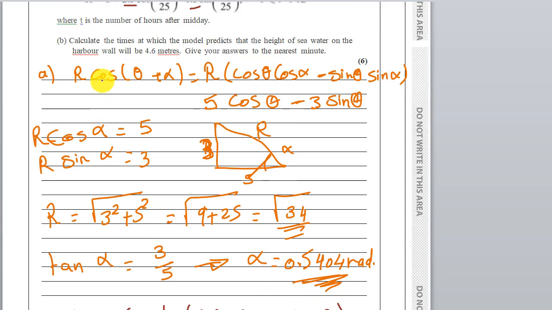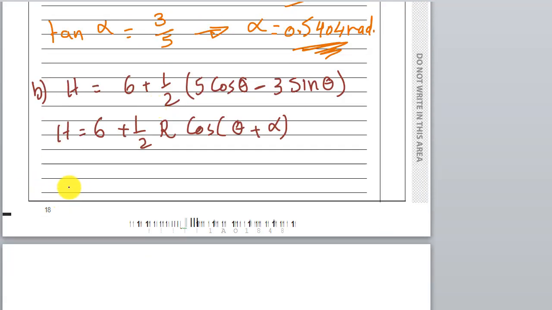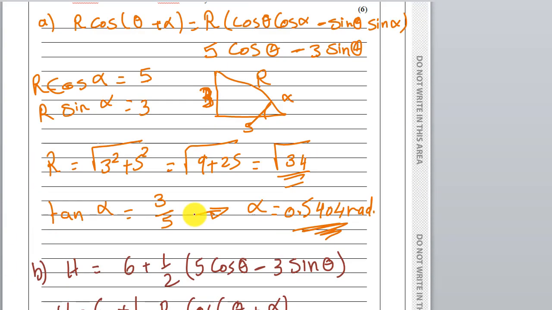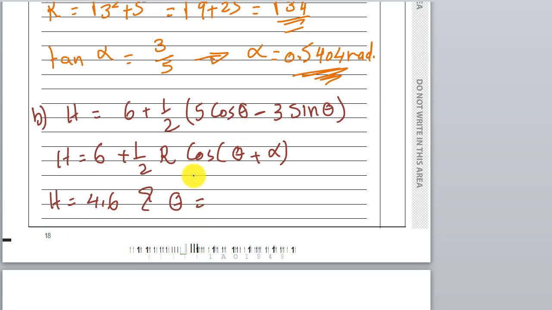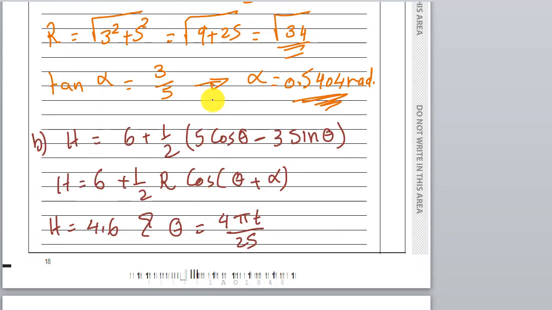From here we get R cosine theta plus alpha, where H is equal to 4.6 and theta is equal to, how much is theta? This value, 4 pi T divided by 25. Okay, this is theta. And how much alpha?